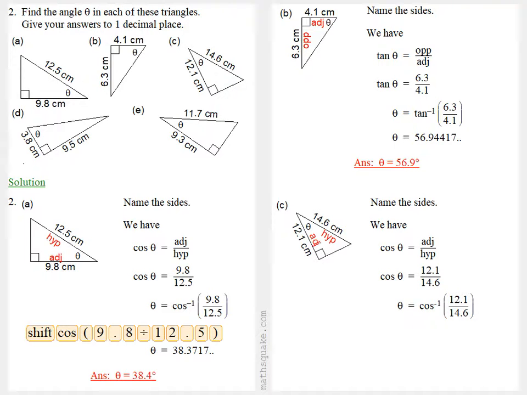So theta equals the inverse cosine of 12.1 over 14.6. And that gives us theta equals 34.0277 degrees. So our answer, rounded off to one decimal place, is theta equals 34.0 degrees.